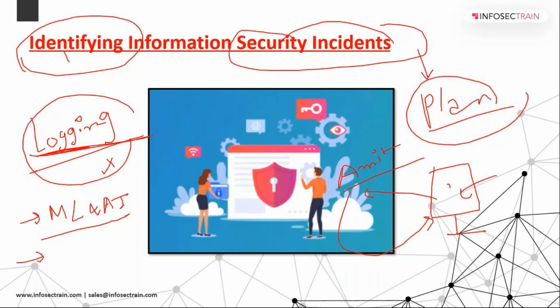Vulnerability scanning, penetration testing, threat intelligence, behavior analysis, all come under identifying information security incidents. Using all these things, you will be able to identify any kind of incident that is taking place or has already taken place in your organization.